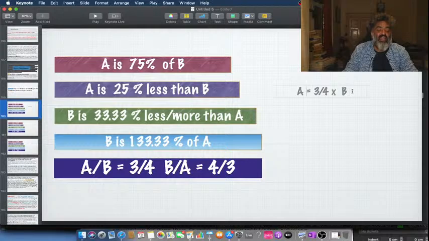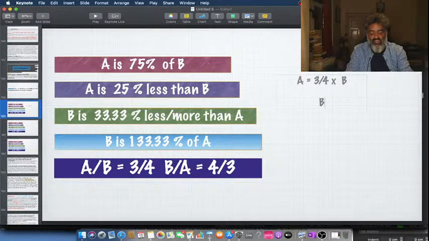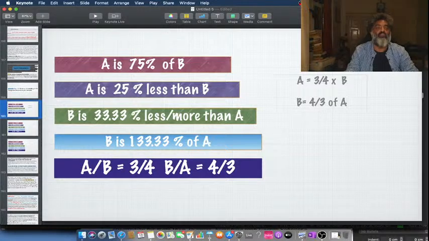Once I have that, I can rewrite the same equation as B is equal to 4 by 3 of A. I can interpret this now. 1 by 3 is 33.33%.